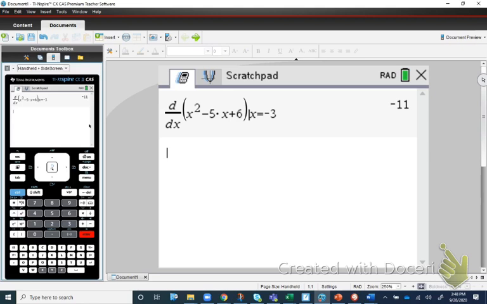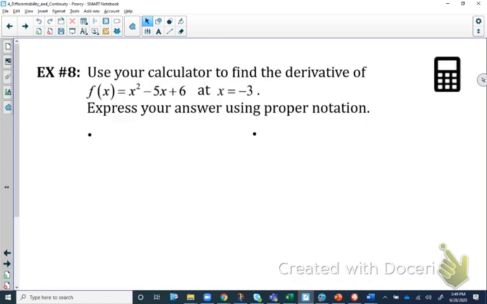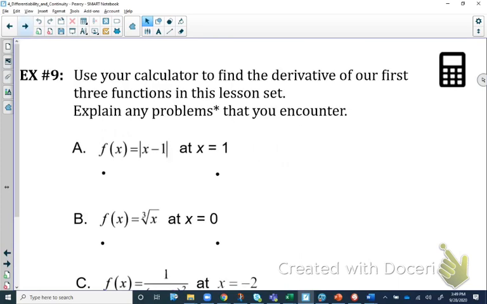Now, the idea of doing this stuff on a calculator is supposed to show you that there are going to be some cases where the calculator will return things that shouldn't give you an answer. Okay? So here we just did that one, so we'll go ahead and pass this along. We're just showing you that you should get a -11 regardless of the calculator that you used.